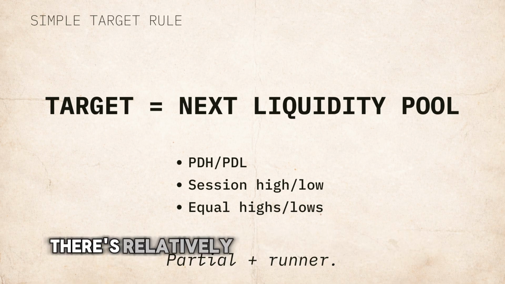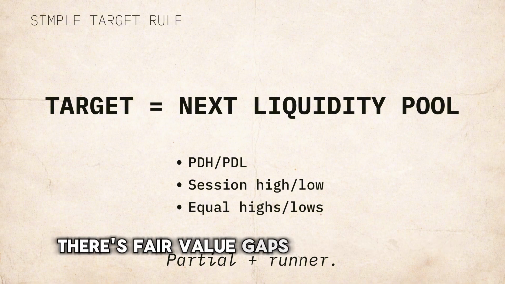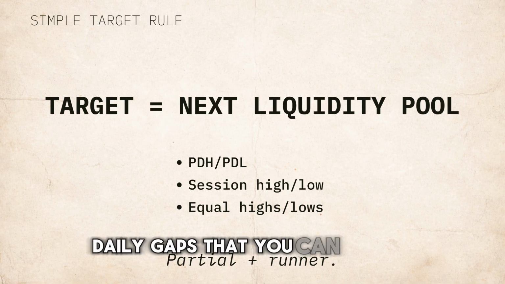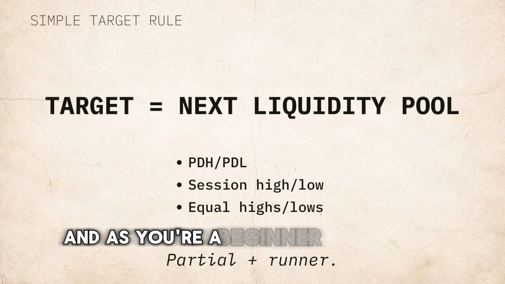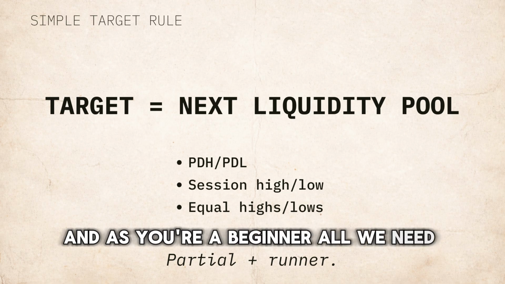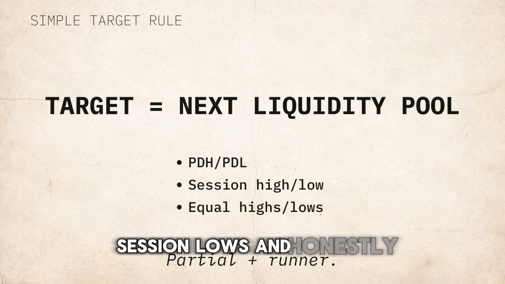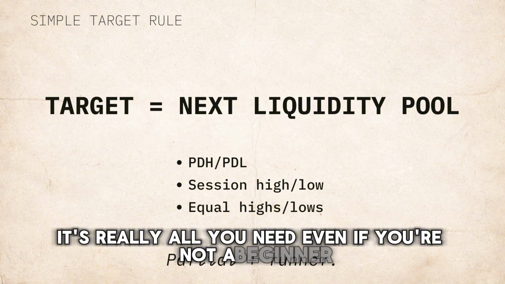There's relatively equal lows and highs, there's fair value gaps and imbalances, weekly gaps, daily gaps that you can go for. But when we're just starting out, and as you're a beginner, all we need are session highs, session lows, and honestly, it's really all you need even if you're not a beginner.